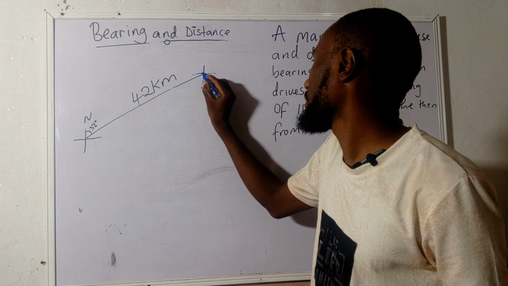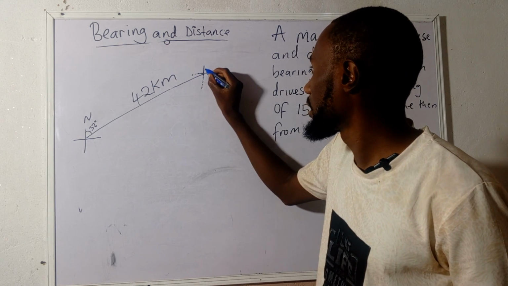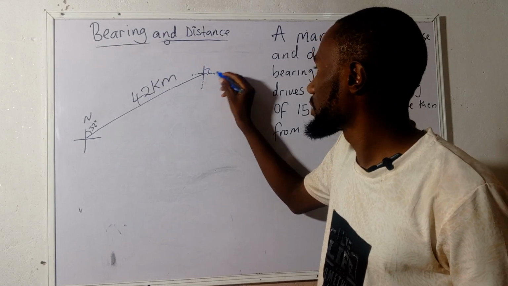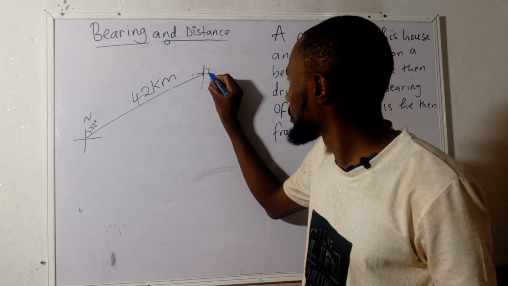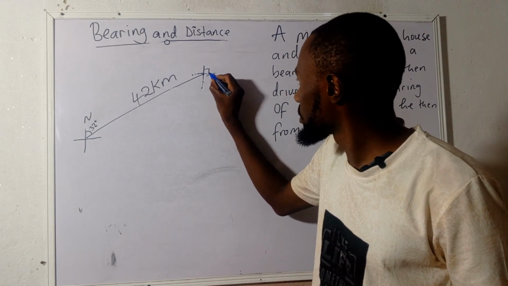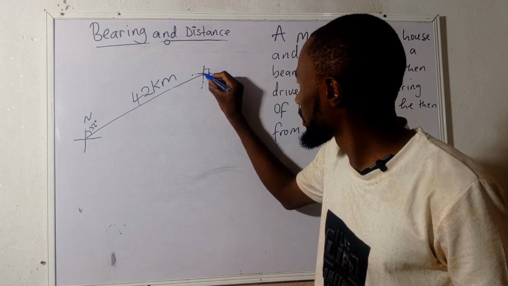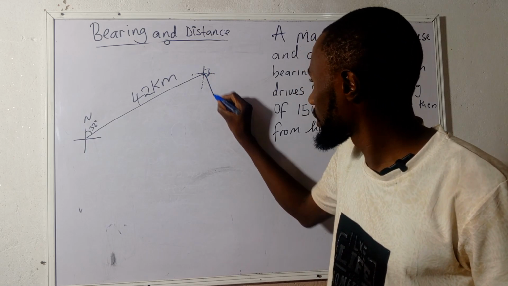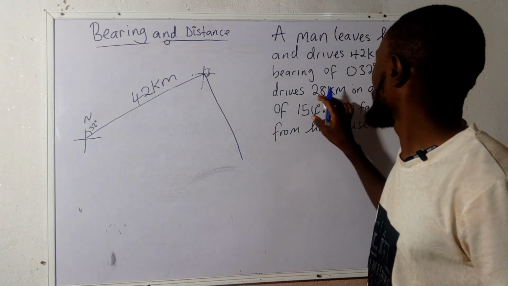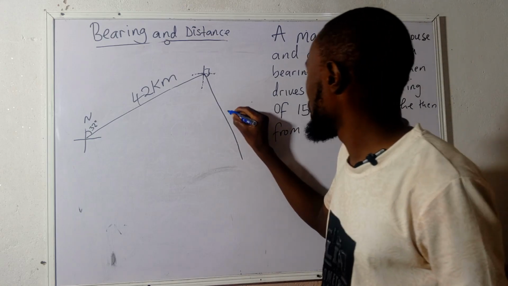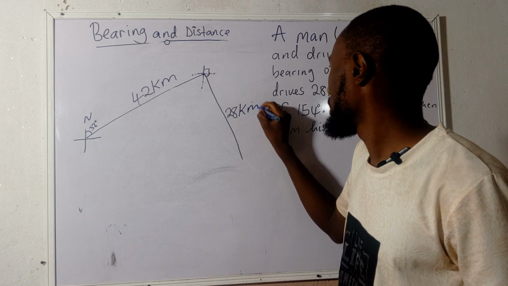Let's consider angle 90 here. He forms an angle of 90 before he reaches 154, then we roughly get 64 degrees here. After he reaches that point, he continues the movement for 28 kilometers. That is 28 kilometers.